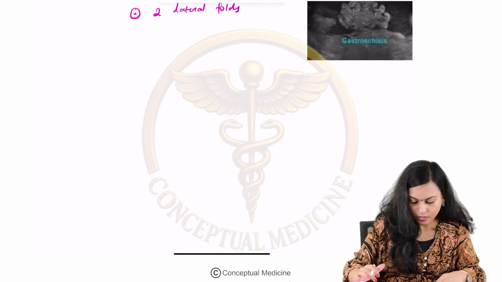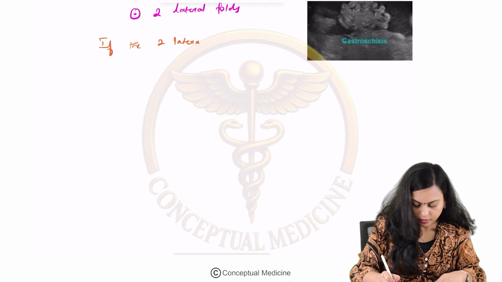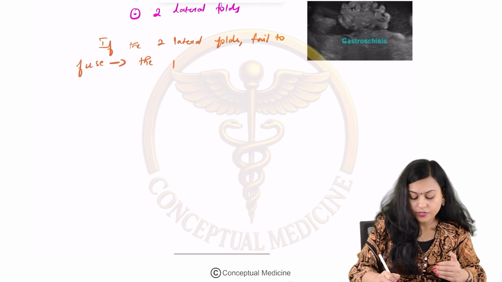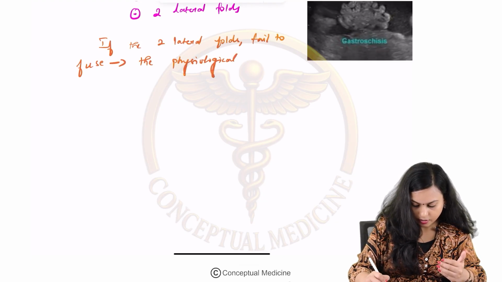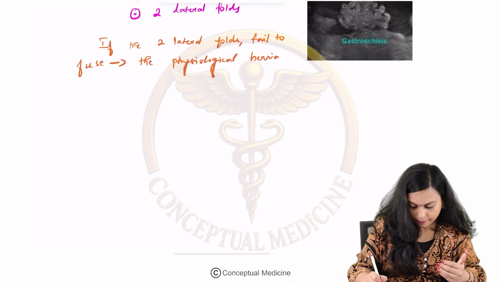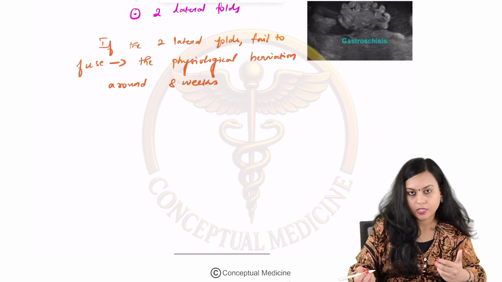Now, suppose the 2 lateral folds fail to fuse. The physiological herniation that would have occurred around 8 weeks should reduce back by 10 weeks.